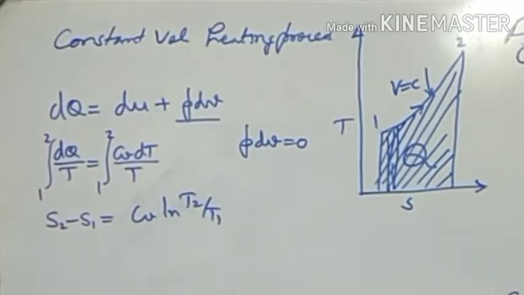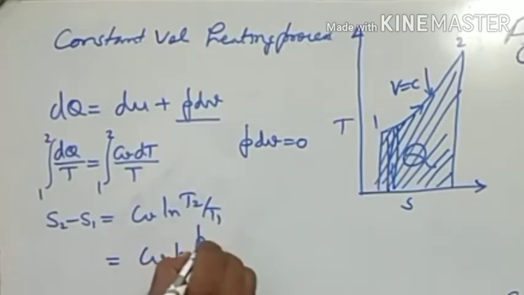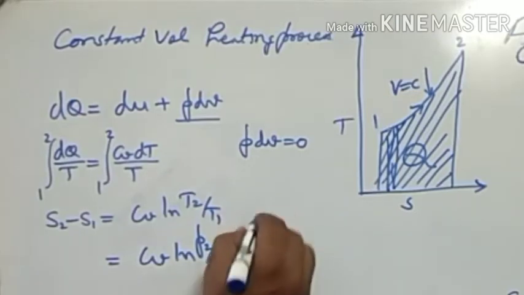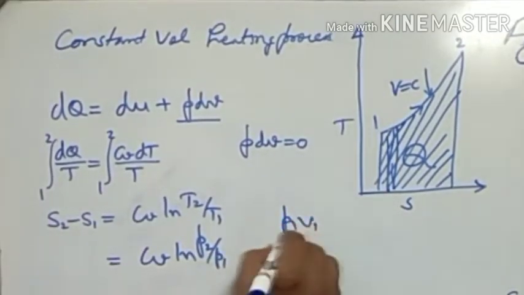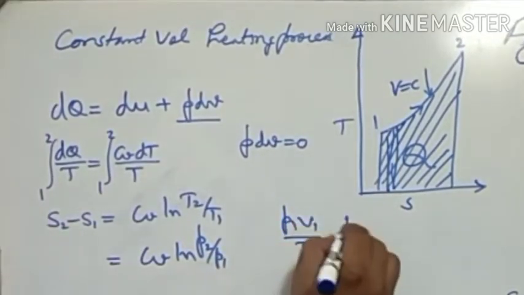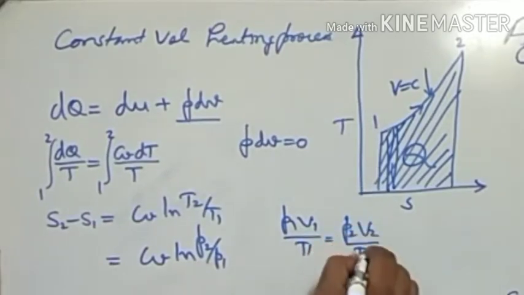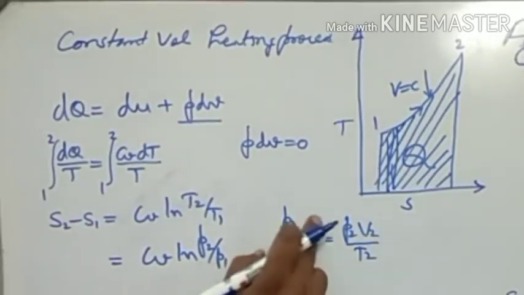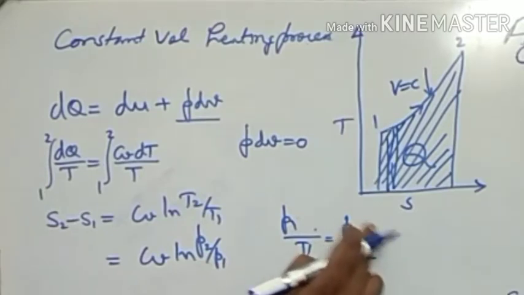So this is the equation to find the change in entropy during a constant volume heat addition process. This equation we can also write as Cv log of P2 upon P1. As we know, P1 V1 by T1 equals P2 V2 by T2, and this is a constant volume process, so V1 equals V2.